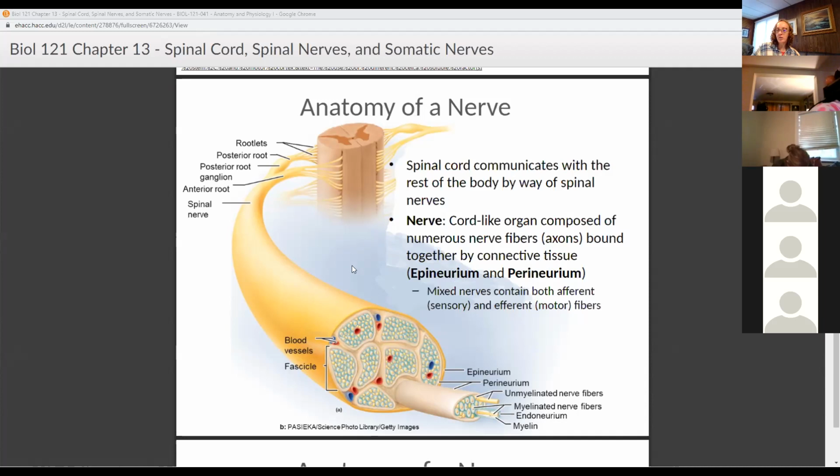All of your spinal nerves, once they extend out beyond this convergence point, where the anterior motor is coming from the anterior and sensory entering through the posterior, they diverge close to the spinal cord, where sensory is going to come in through the dorsal end. Motor is going to come out the ventral end.